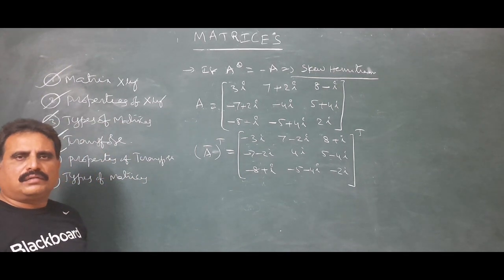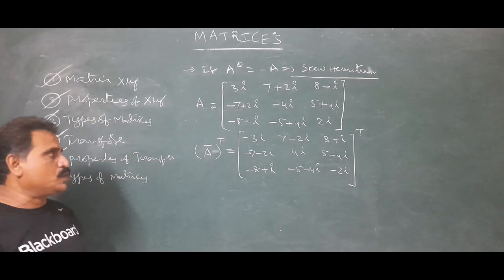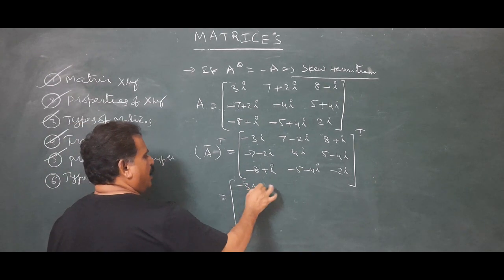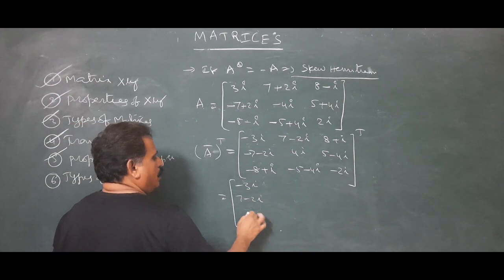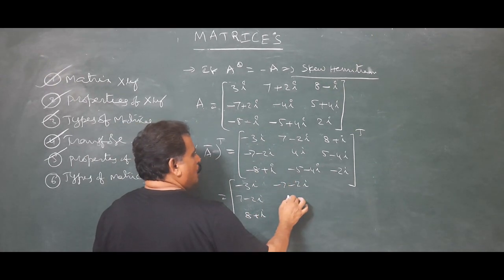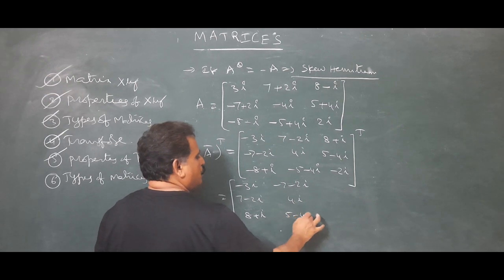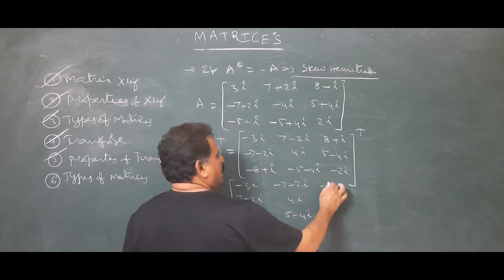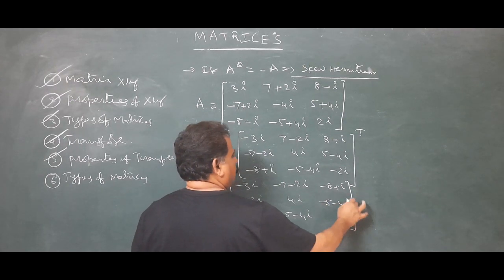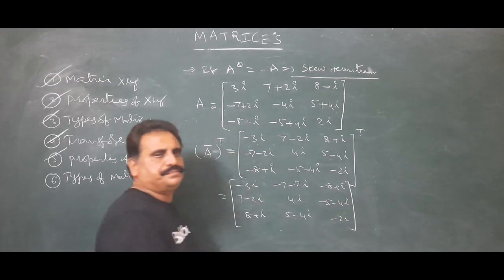Now we have to take the transpose. Transpose means write down as columns. Minus 3i, 7 minus 2i, 8 plus i, minus 7 minus 2i, 4i, 5 minus 4i, minus 8 plus i, minus 5 minus 4i, minus 2i.